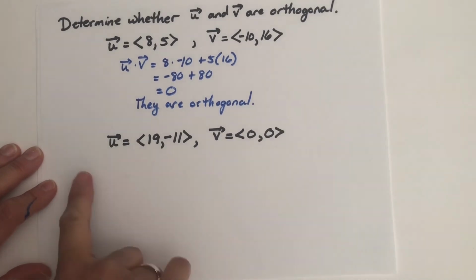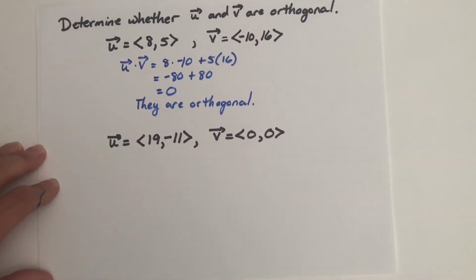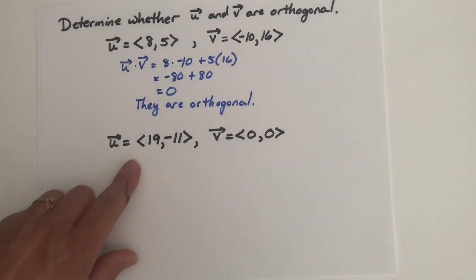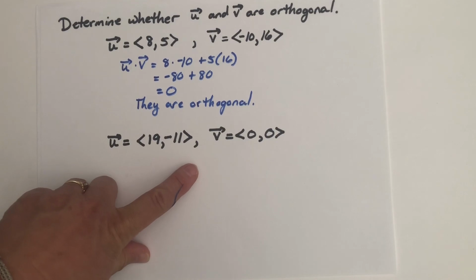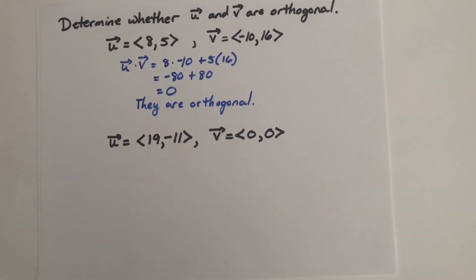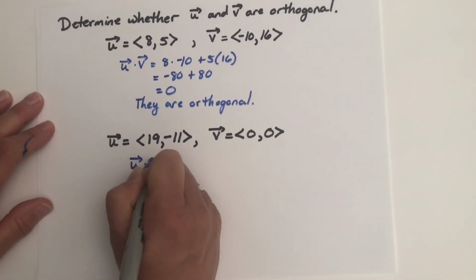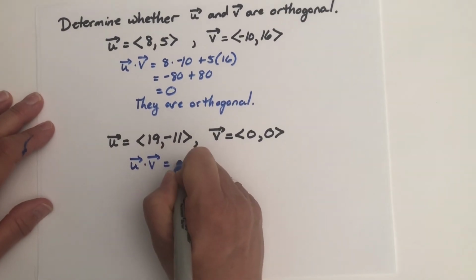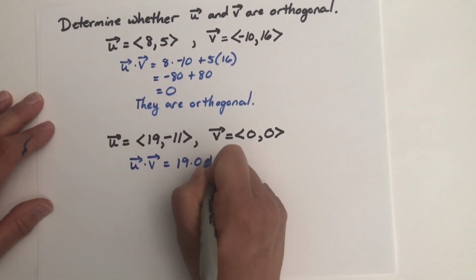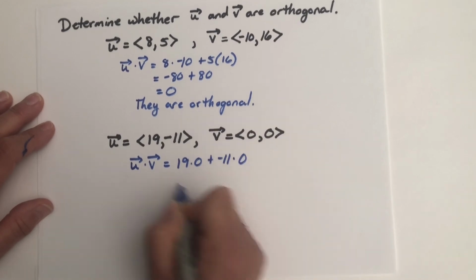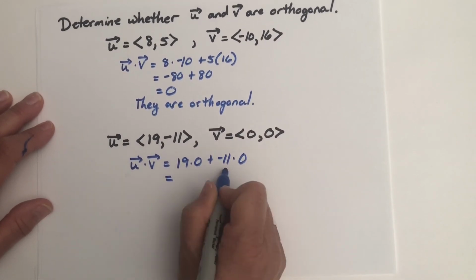Now let's do this last problem. In this very last problem, we're going to dot u with the vector that is our 0 vector. When we do that calculation, u dot v equals 19 times 0 plus negative 11 times 0, and that is, of course, 0 plus 0.